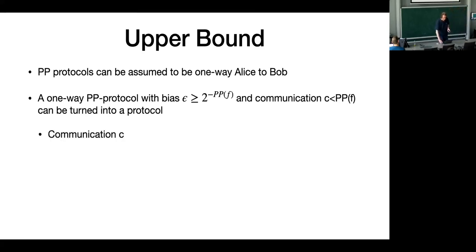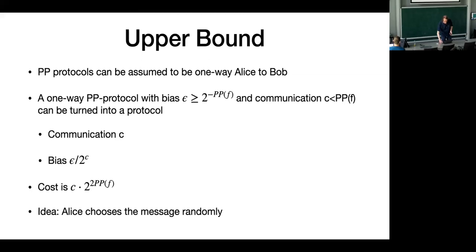So you want to turn this into a protocol that has communication c and a bias epsilon divided by 2 to the c, and the cost 2 to the 2 pp, or c times 2 to the 2 pp in the one clean qubit model.